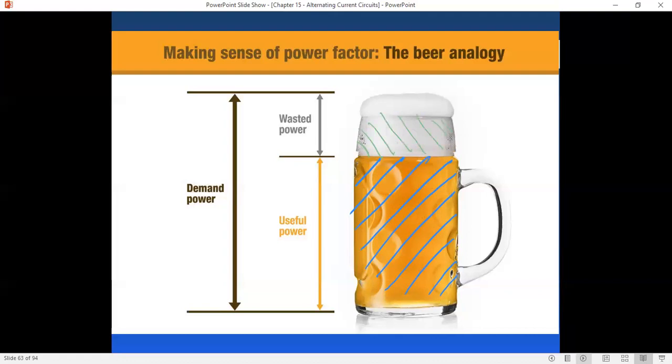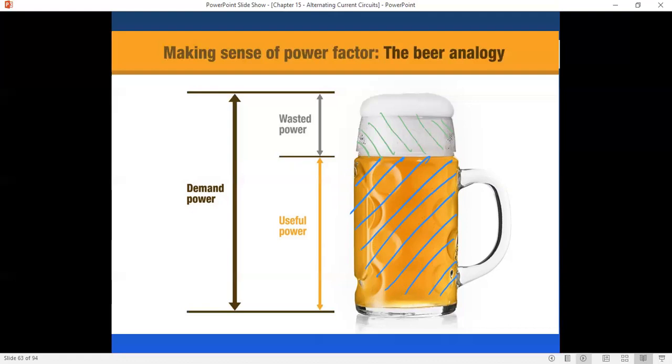So in the beer analogy, when you have this non-working power, it's sort of like a beer glass that's filled half with foam and half with beer. You're paying for something that's completely useless. In a more efficient system where the load is balanced, there's less foam, there's more beer.